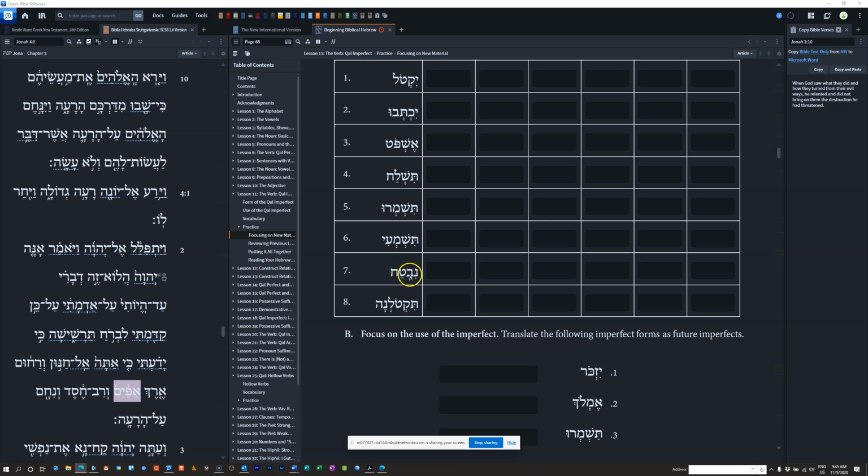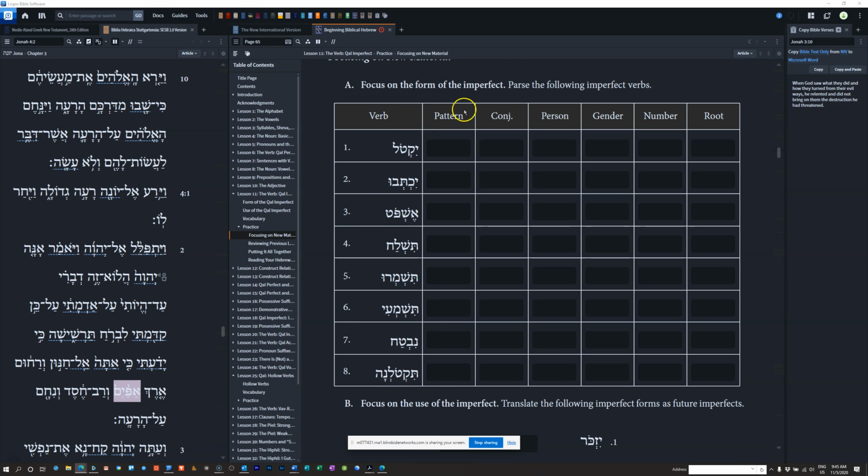as a verbal root. If we go with batach as our verbal root, when would we get a nun hireq prefix? Well, we'll learn later on down the road that nun often serves as a prefix for a different pattern. So far, we're only learning the Qal pattern. We'll learn later on that a nun prefix may indicate a Nifal pattern, but we haven't learned that yet, so we don't need to worry about it.